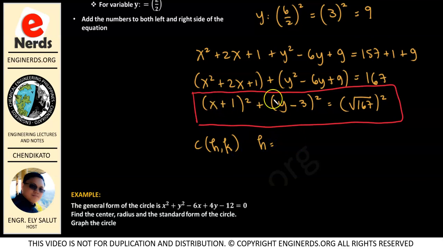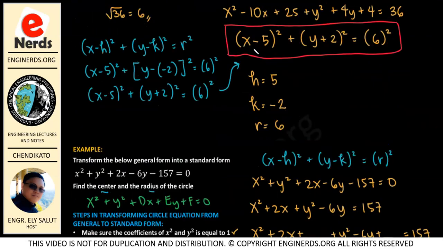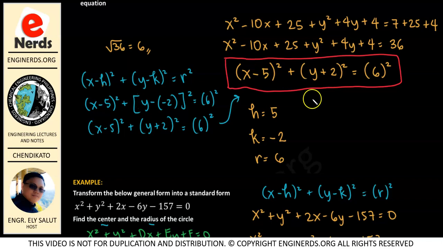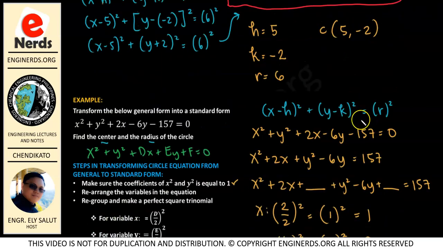So, since we have positive here, that means we have negative 1. And for our k, this is already negative, so we have positive 3. So, our radius is equal to the square root of 167. Okay? So, that means our center is in negative 1, 3. And sa previous problem natin, di natin sinulat yan, ano? So, our center here is in 5, negative 2. Okay? So, meron na tayong sagot.